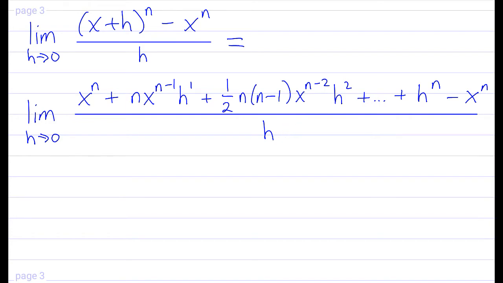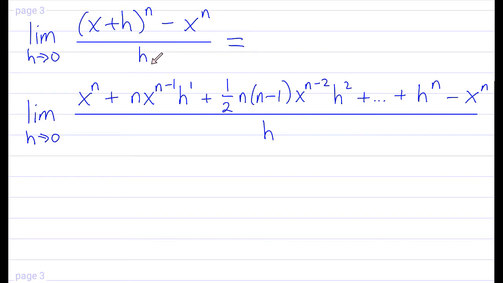The first thing we notice is that this x to the n, subtract this x to the n, those cancel. And now a crucial thing to notice, every one of these terms has a power of h. So I can divide every one of these terms by the h in the denominator. As always with derivatives, when you're calculating using the definition, that's always the problem.